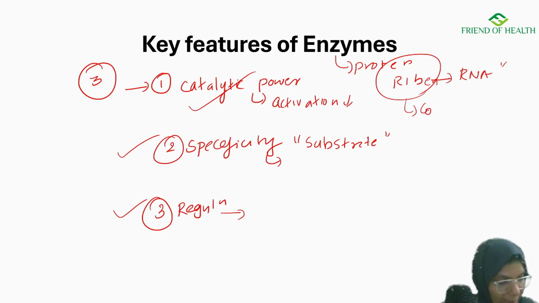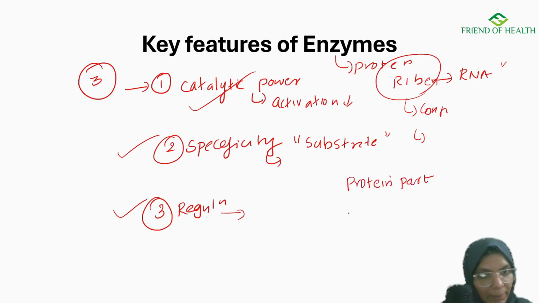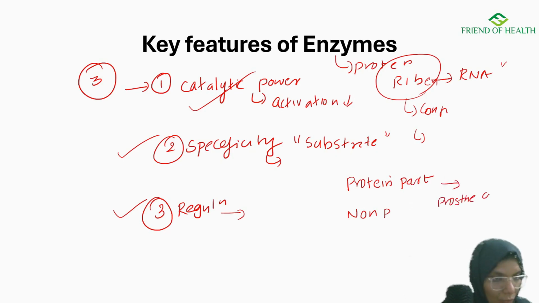They are known as conjugated proteins. The non-protein part is known as the prosthetic group or coenzyme, and the protein part is called apoenzyme. Together they are known as holoenzyme.